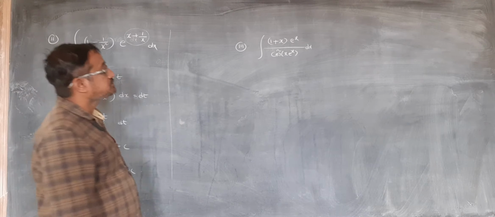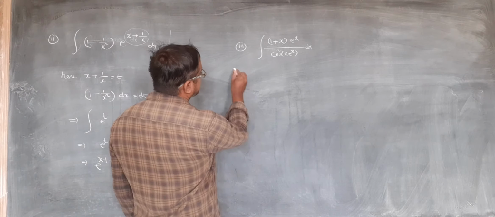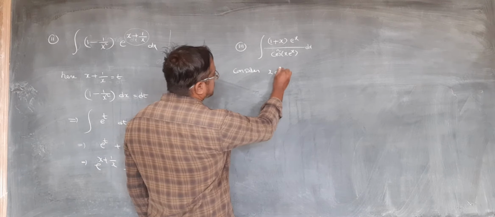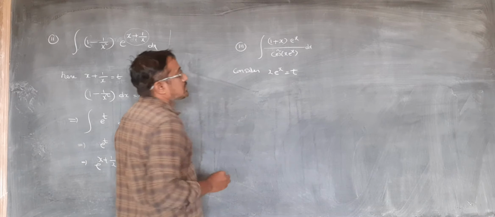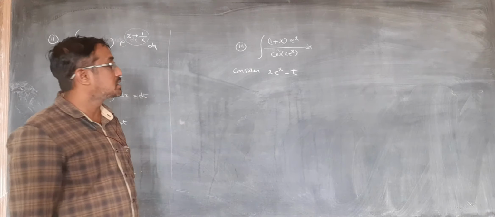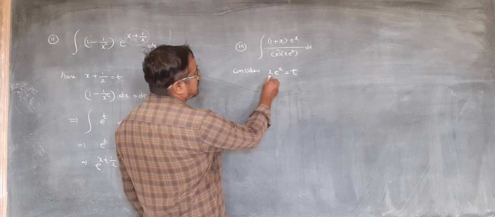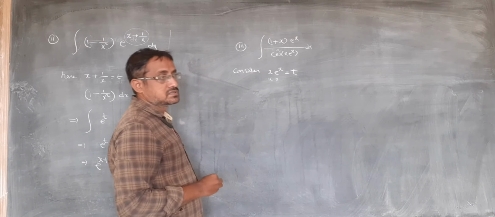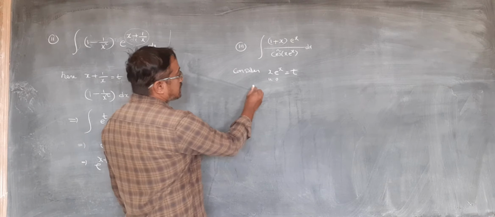Next problem. Now here consider x e power x is equal to t. You need to observe the derivatives, that is more important. So if you take x e power x as t, now this will be the uv formula, product rule.